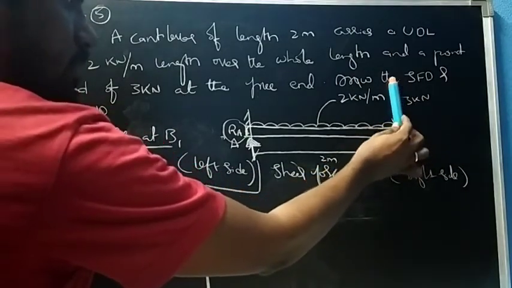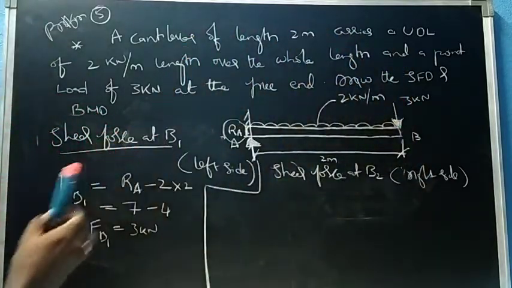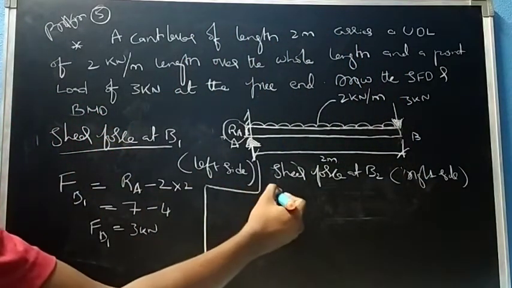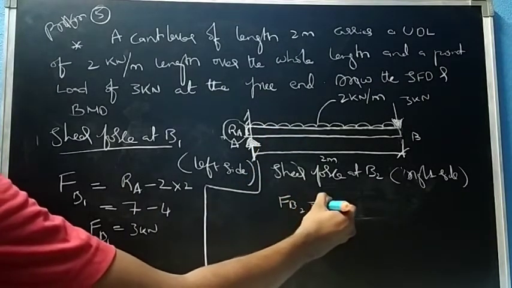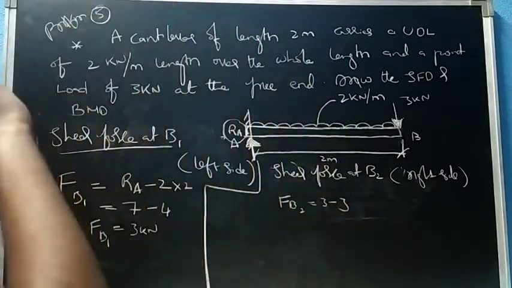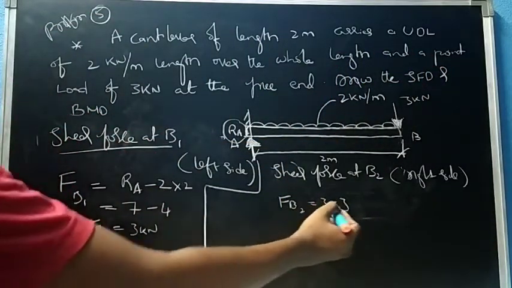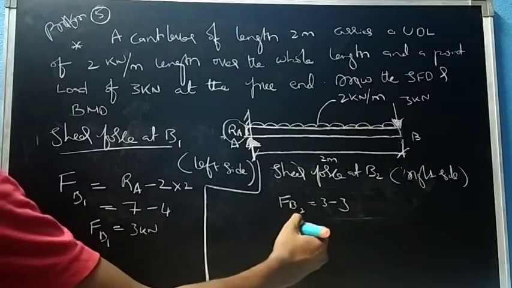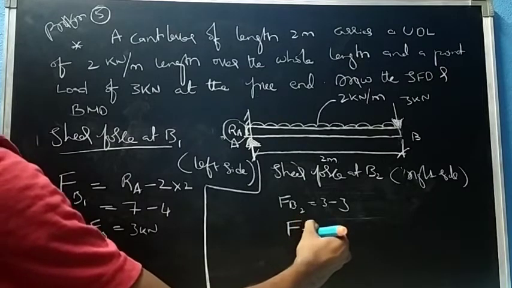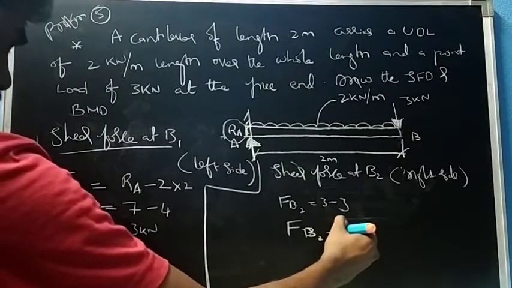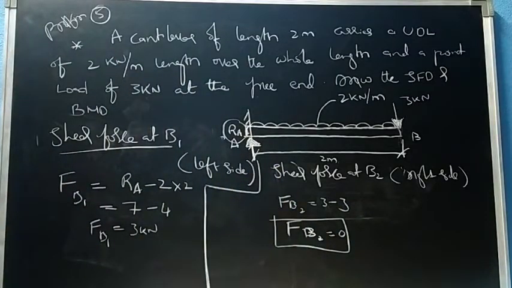So whatever reaction is acting here will be your shear force. That means FB2 equals 3 minus 3, because here is 3 and there is no other support. That means 3 minus 3, so FB2 equals 0.